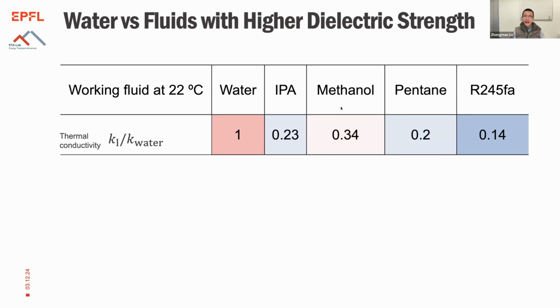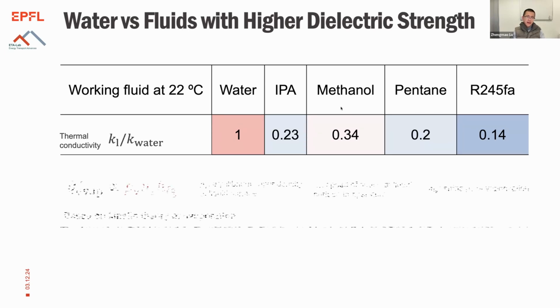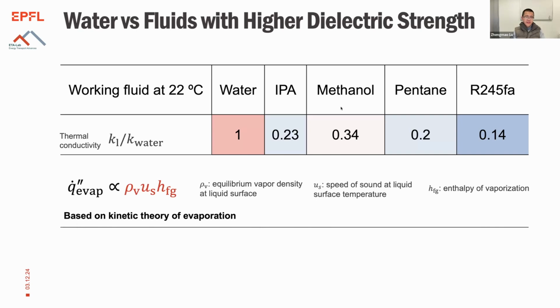If you actually analyze the evaporative transport for vaporization and apply the kinetic theory to the molecular gas dynamics near the surface, it's not that difficult to derive a figure of merit for evaporation itself.